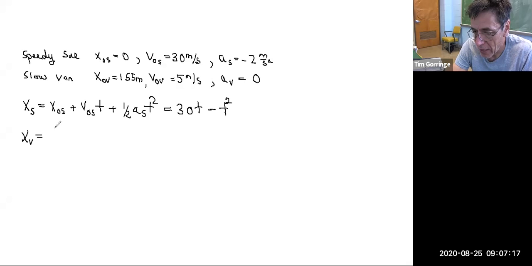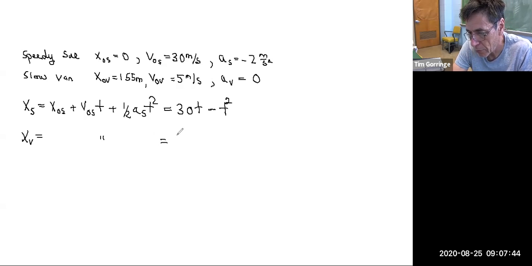Let's do the same thing for the van. For the van, we would use the same equation of motion. For the initial position, it's the initial position of the van. For the initial velocity, it's the initial velocity of the van. For the acceleration, it's the acceleration of the van. We put in those numbers rather than Speedy Sue's numbers.